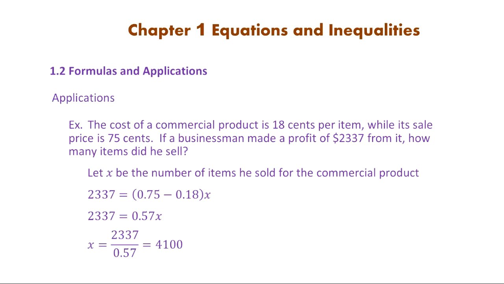And then, to find the total profit he made, you need to multiply the profit of each atom with the number he sold. So 2,337 equals 0.57 times x. You just divide by 0.57 on both sides to get x. So the answer is 41,000. So that's the answer. Any questions so far?